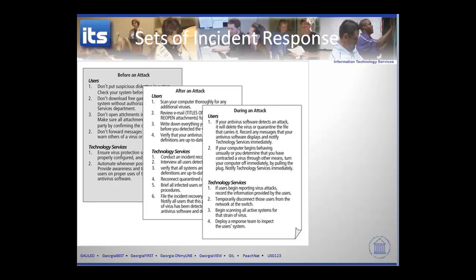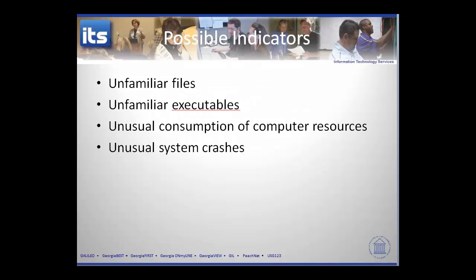And again, what we're going to do is look at the potential of a computer attack from the perspective of possible, probable, or definite indicators. So let's start with possible. Possible indicators are: you start seeing unfamiliar files or unfamiliar executables on your computer, some unusual consumption of computer resources, or unusual system crashes. These are just possible, which means an attack could or could not be occurring.